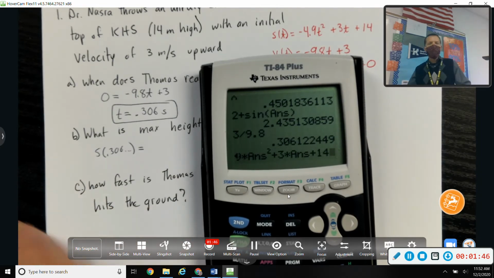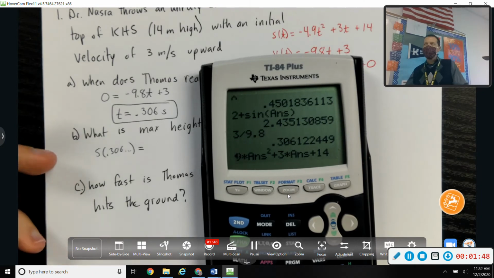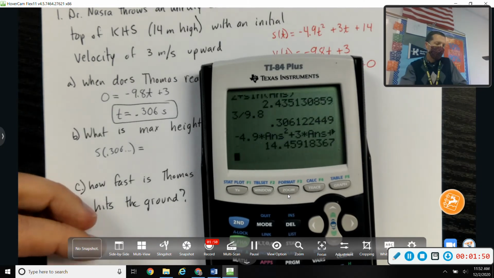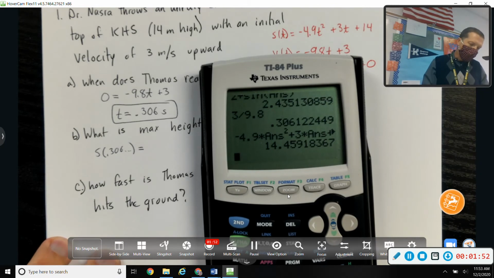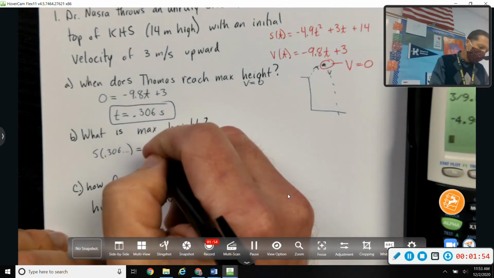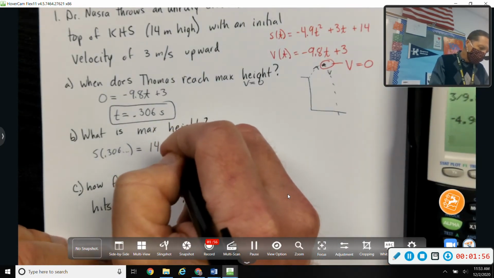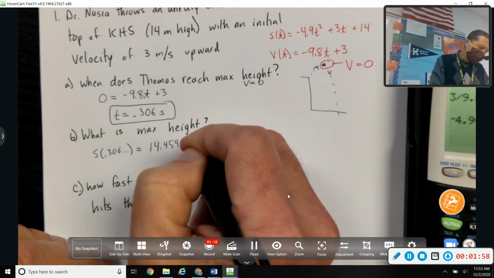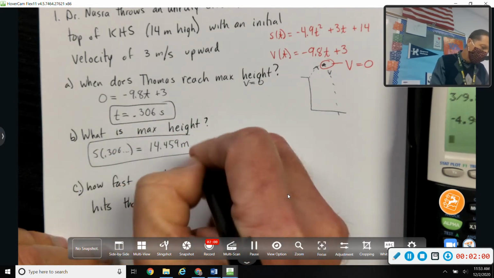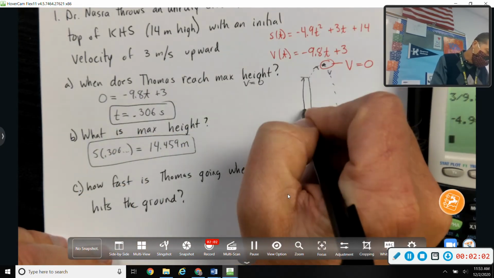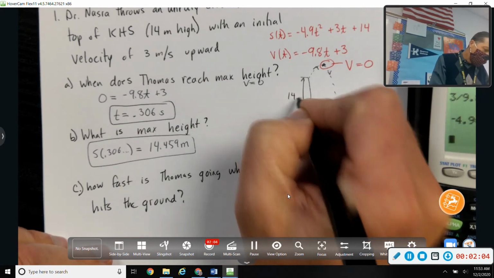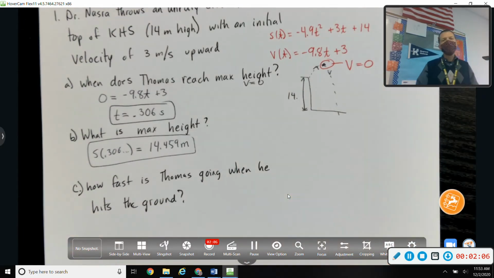That way I get the most accurate answer possible, and I know I'll be accurate to 3 decimal places. So 14.459 meters. So we started at 14, only made it up to 14.459 because he wasn't thrown up at that much velocity, so he goes up a little bit, then we start coming down.